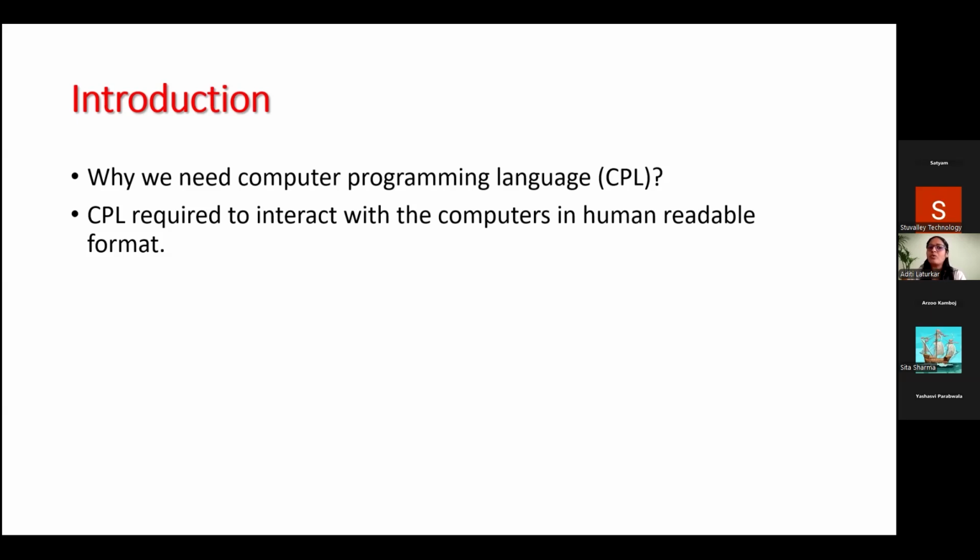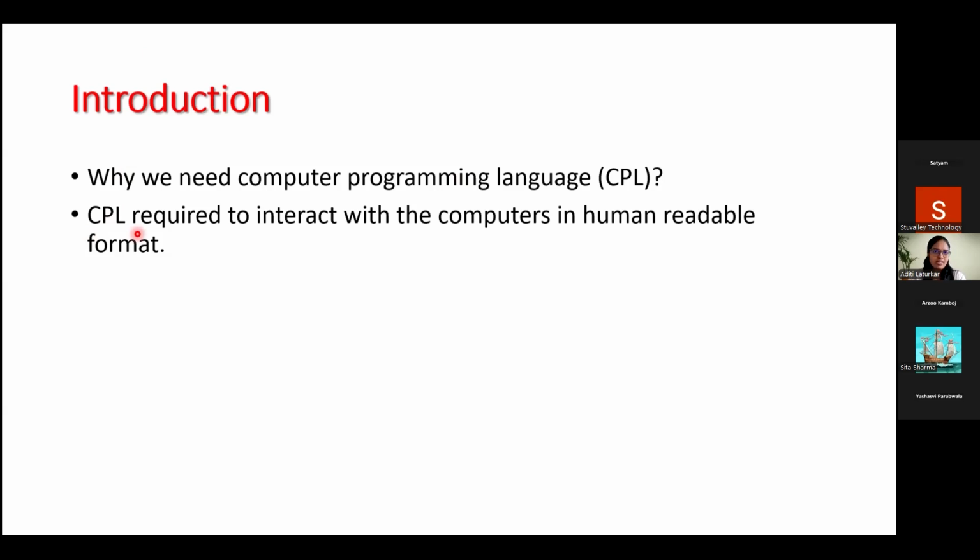So we need to go through one person, or you can say one translator, who will be your communicator, who will translate whatever you are saying into their understandable language. That is the main thing. So whenever we are using any computer programming language, it is an intermediator, or you can say a translator, because the computer doesn't understand human readable language.